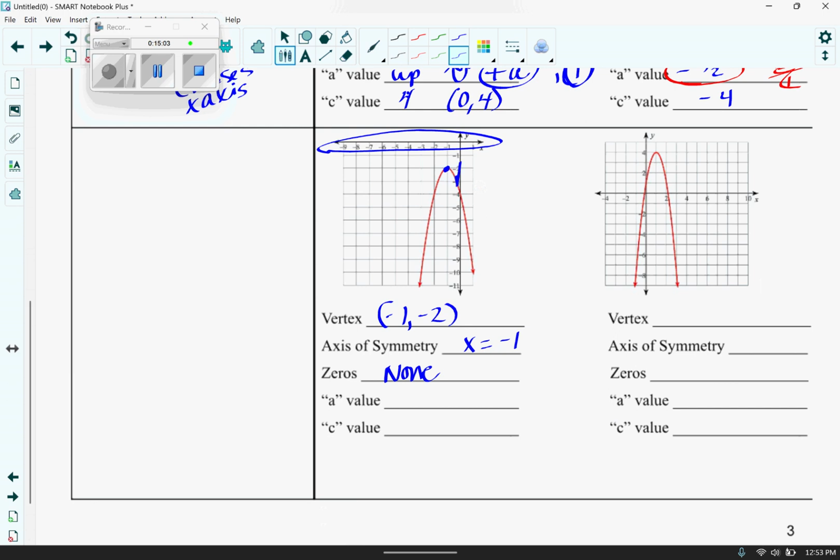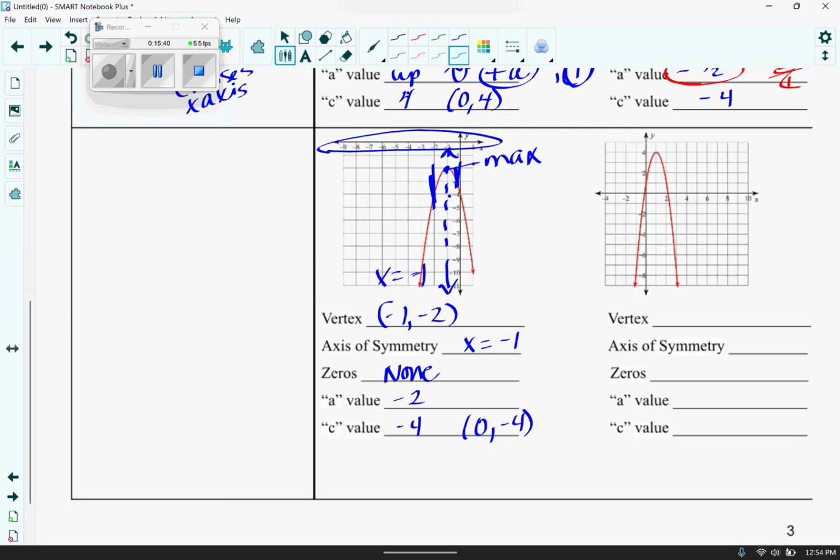If I went over 1 here and over 1 here, it looks like I went down 2. So negative 2. And my C value, it looks like we crossed it right there at 0, negative 4. This looks like a maximum. And my axis of symmetry would be right here at x equals negative 1.